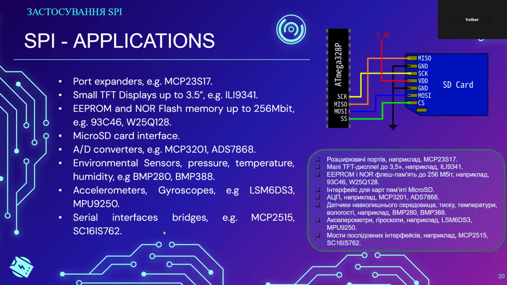Micro SD card interface. Many people don't know this, but micro SD cards, or SD cards in general, have a legacy SPI interface mode. So you can basically write the entire content of an SD card through the SPI interface. There is an image to the right here of an obsolete Arduino processor.